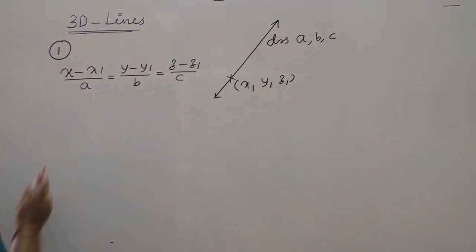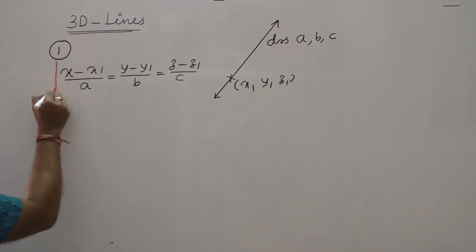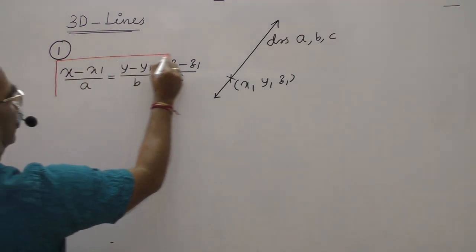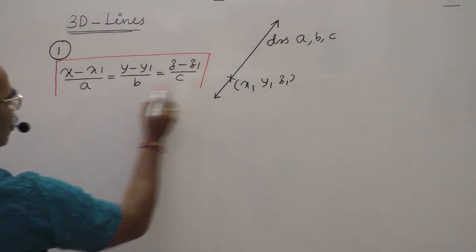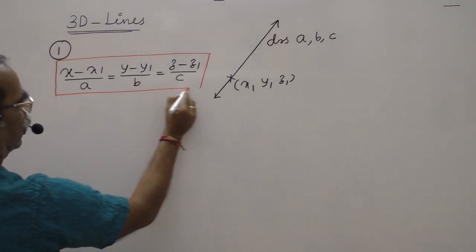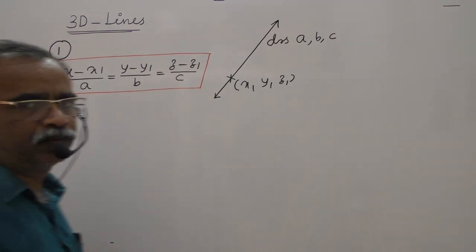This is the equation of a 3D line. This should be applied when a point and DRs are given.